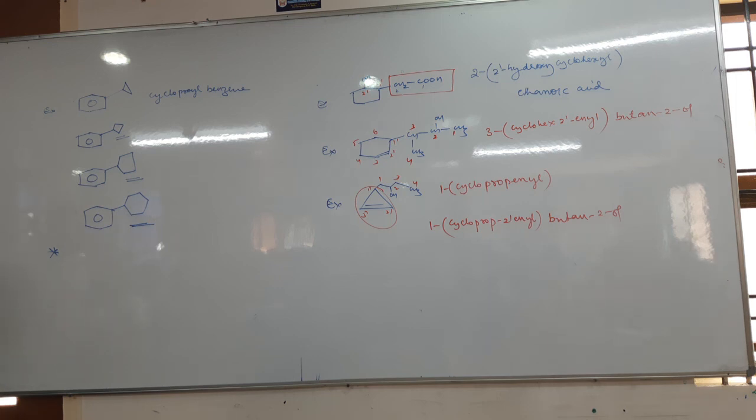Write down another rule. If the functional groups are present on the cyclic ring, or are directly attached to the cyclic ring, then they are named as follows.